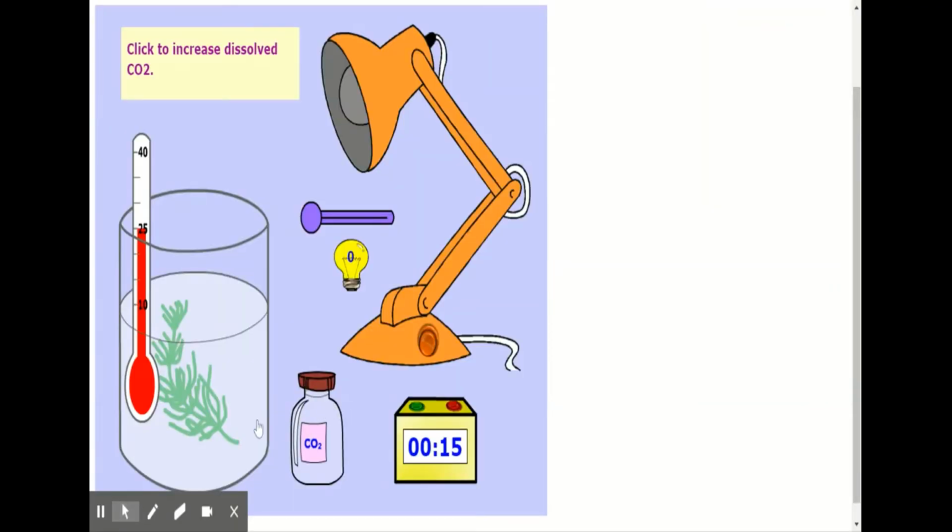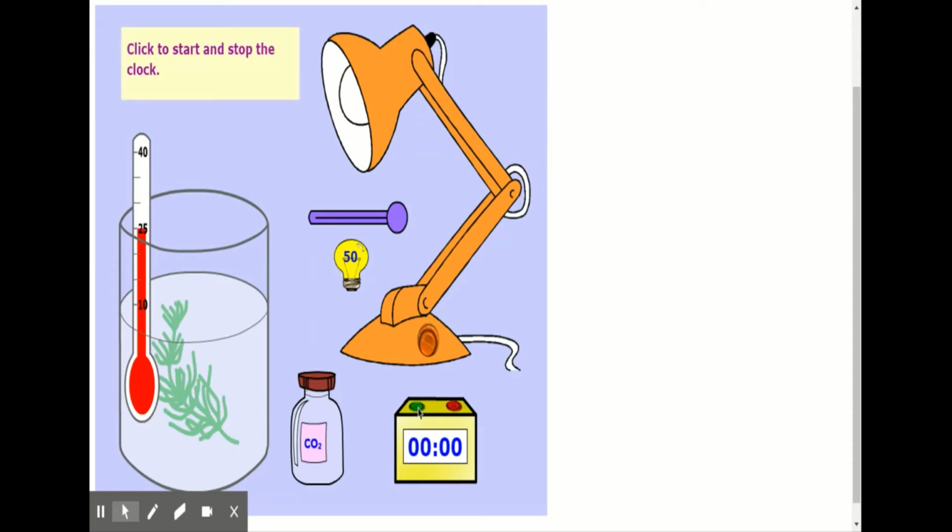Here is our animation. We have got the temperature, which is one of our controlled variables, set at 25 degrees Celsius. I'm going to leave it at that. We've got our carbon dioxide concentration set at low at the moment, and we're going to leave that at low. We're going to reset our clock, and we're going to switch on the light and see how many bubbles are produced in a minute.